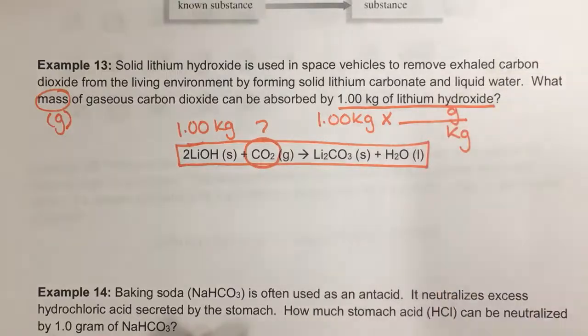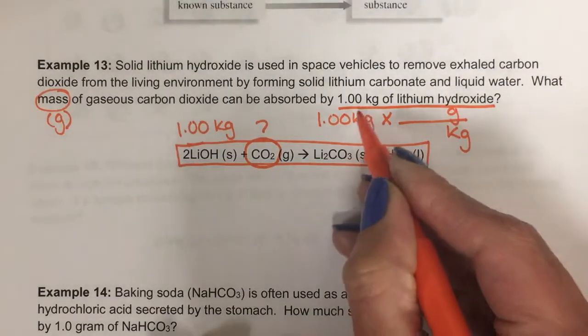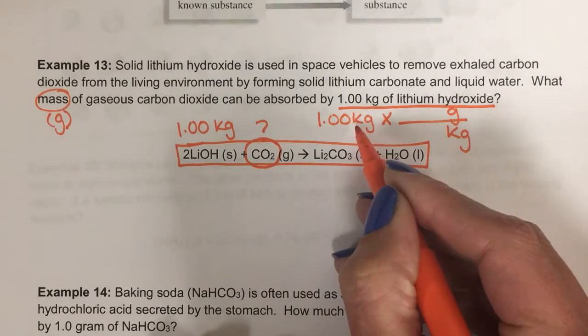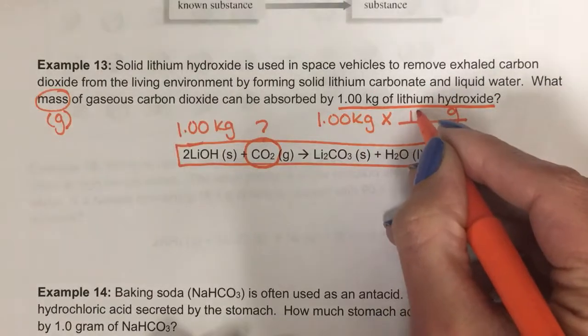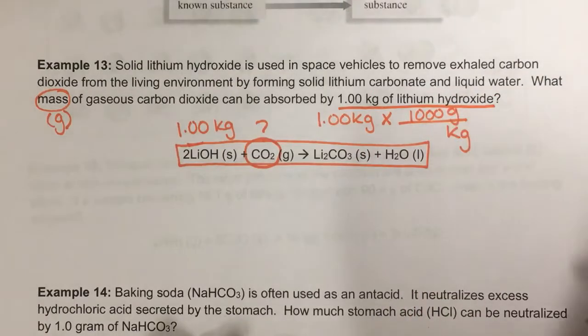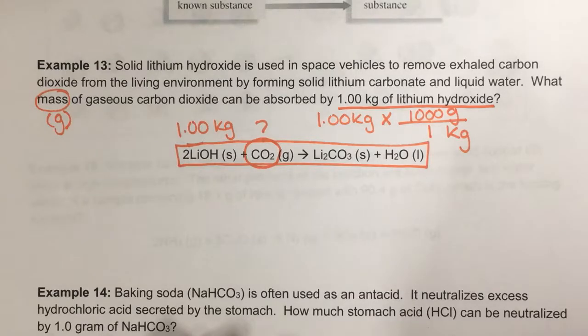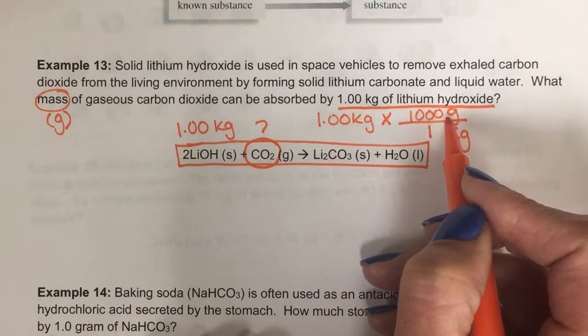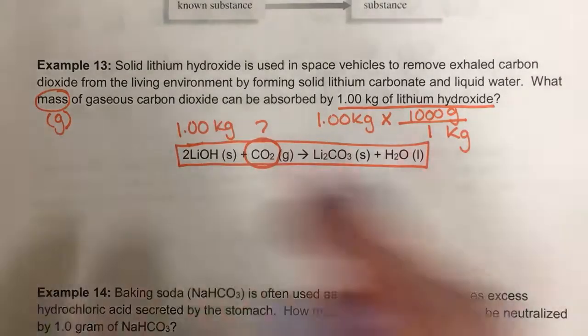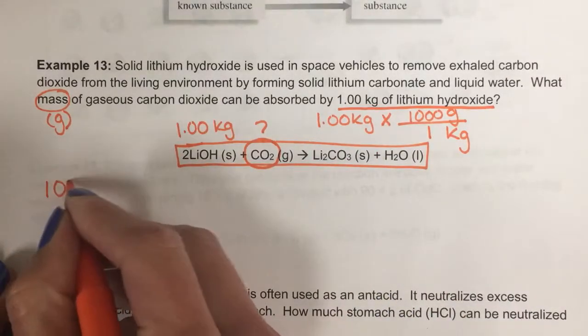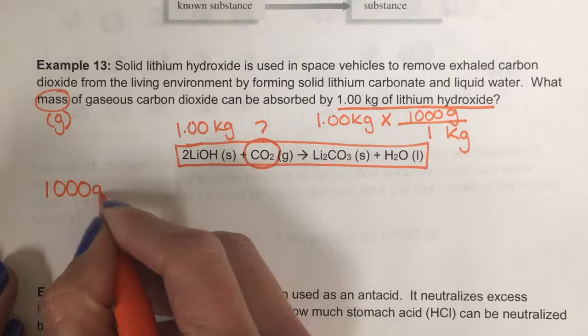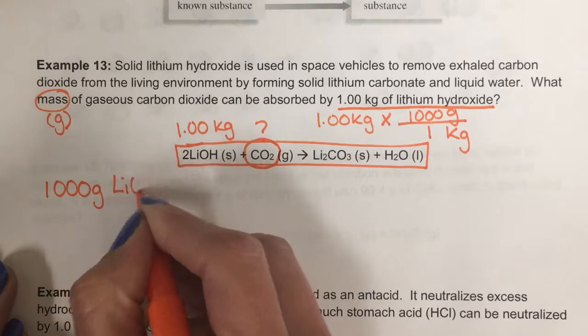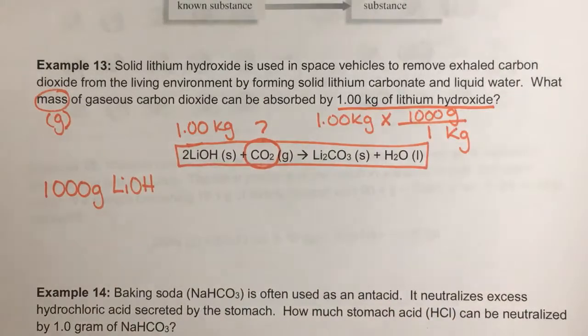I'm changing it to grams. Hopefully we memorize this prefix kilo. There are 1,000 grams in every 1 kilogram. So if I have 1 kilogram, I've got 1,000 grams. Okay? So I'm starting with 1,000 grams of lithium hydroxide.